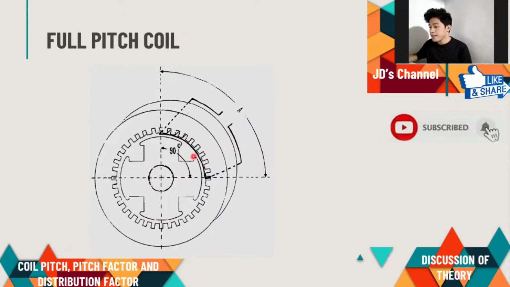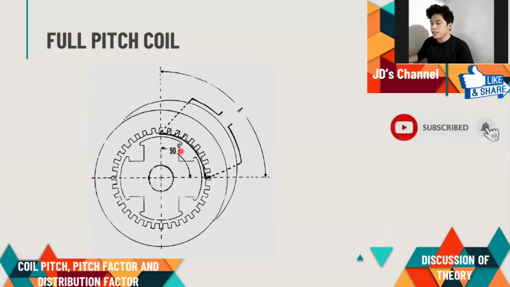And the angular distance between the adjacent pole centers is also 90 mechanical degrees. Therefore, the coil pitch is 90 over 90, or we have 1 pitch.